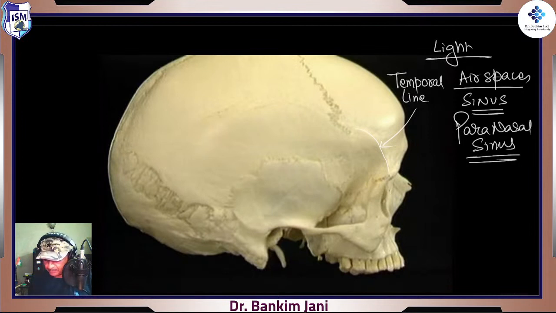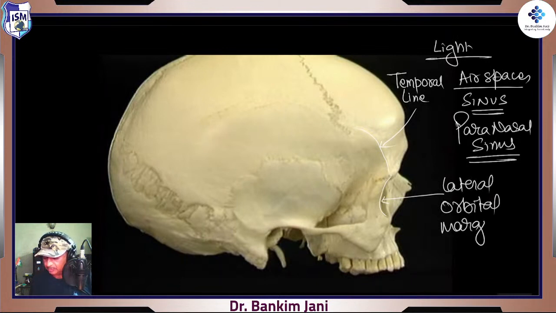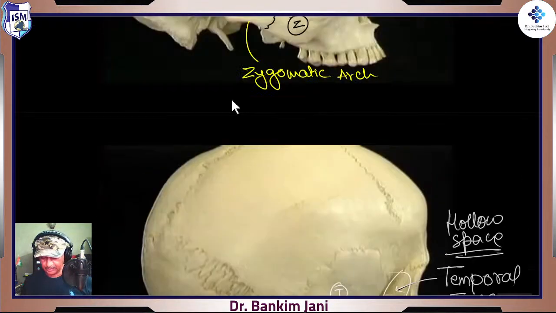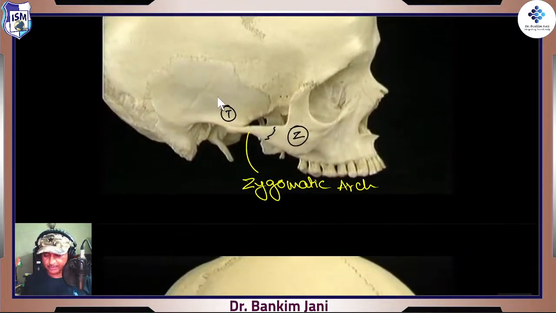Then what would this be? That is the lateral orbital margin, because anteriorly, this is the orbit, right? So this would be the lateral orbital margin. If we see a skull, here it is seen much better.